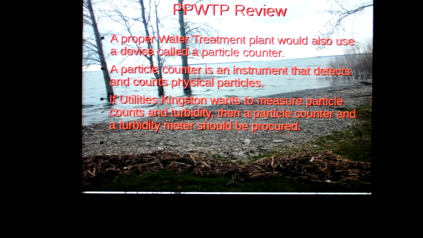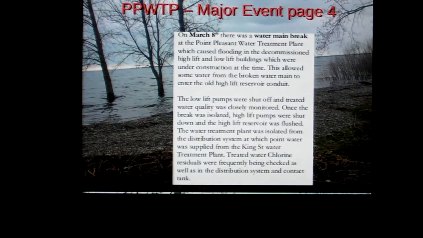So let's head back to what was written here. March 8th, there was a water main break at Point Pleasant Water Treatment Plant which caused flooding in the decommissioned high lift and low lift buildings which were under construction at the time. This allowed some water from the broken water main to enter the old high lift reservoir conduit. Low lift pumps were shut off and treated water quality was closely monitored. Yeah, by who?